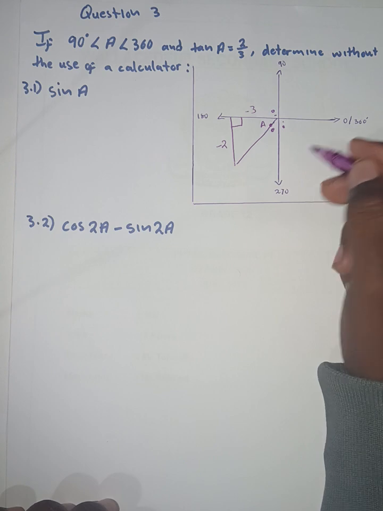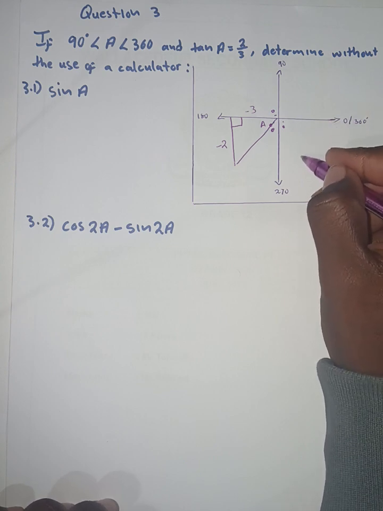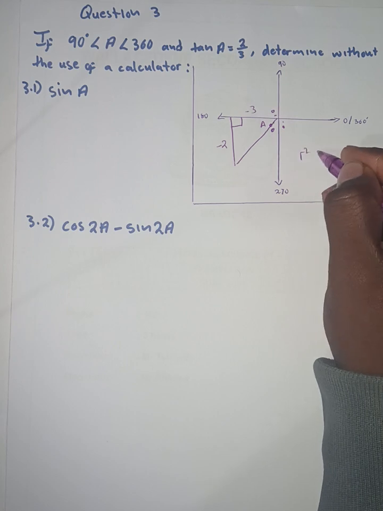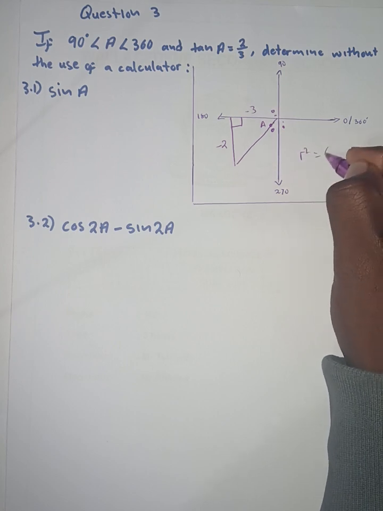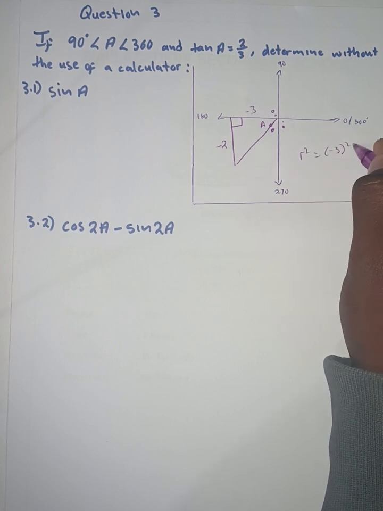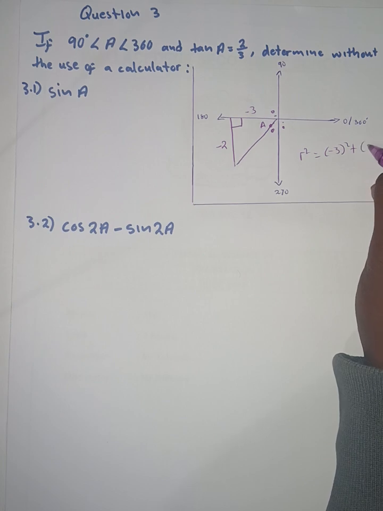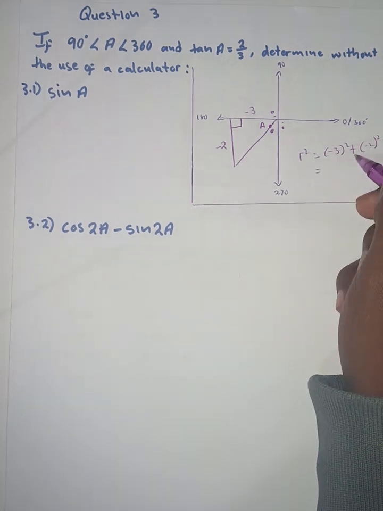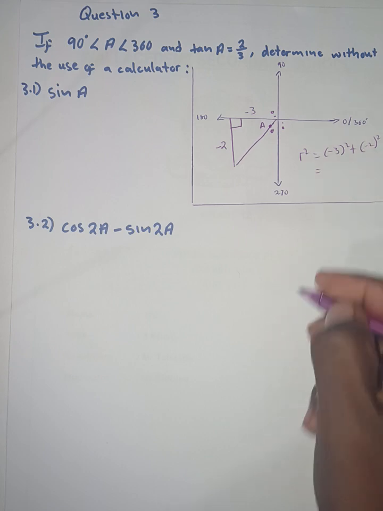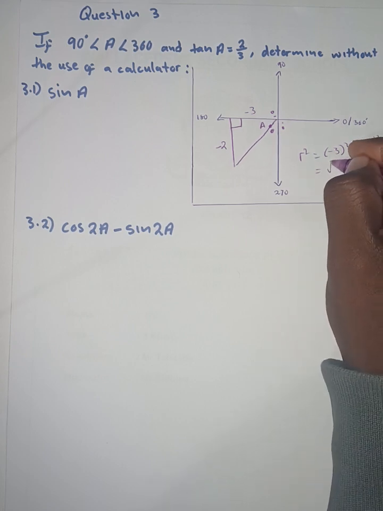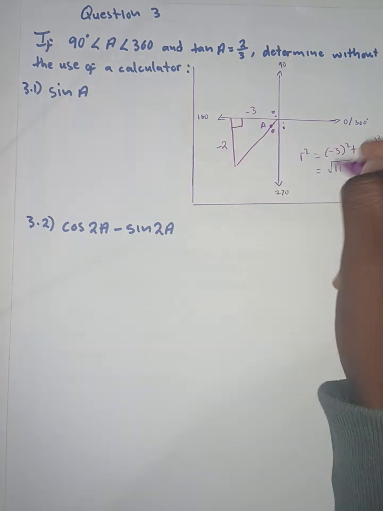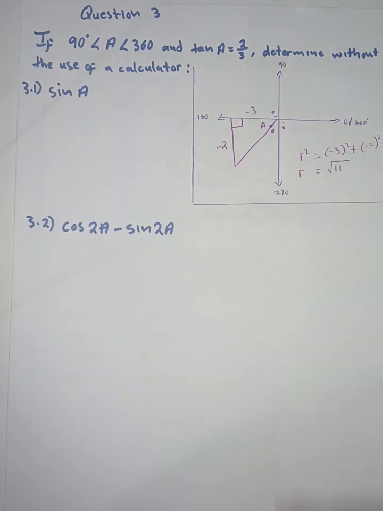Now I would have r squared, that's what we want, and our x in this case would be -3, but we square that, plus -2, we square that, and that would be 9 plus 2, that's 11. And the square root of 11, I'm just going to leave it like that. So this would be r, the value of r that you would get.